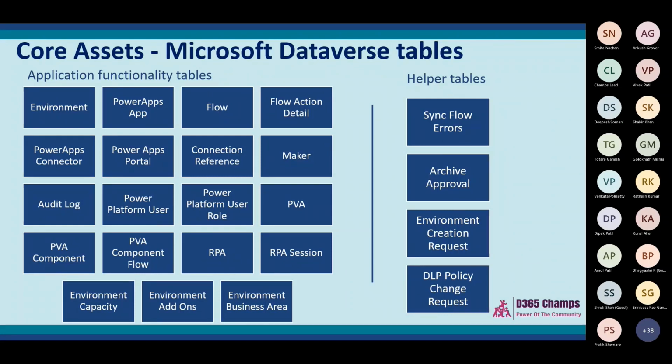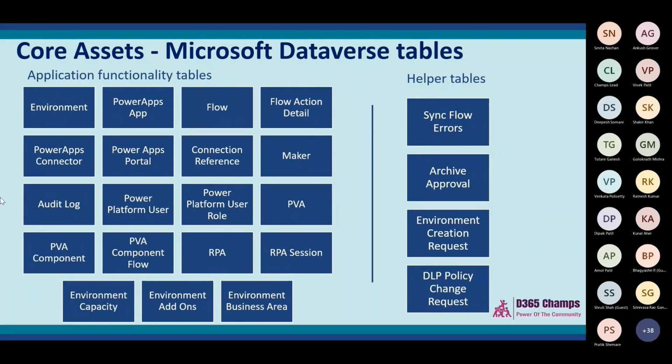And then we have other tables related to the Power Apps connector, Power Apps portal, and the connection reference, which has specific information about those Power Apps connectors which we build or custom-use within our organization. At the same time, we have this maker table. So this represents all of those users who have created at least one flow, one app, or custom connector in any of the environments within your organization.